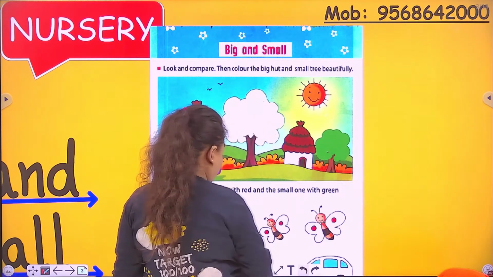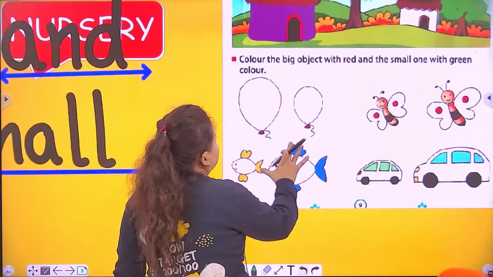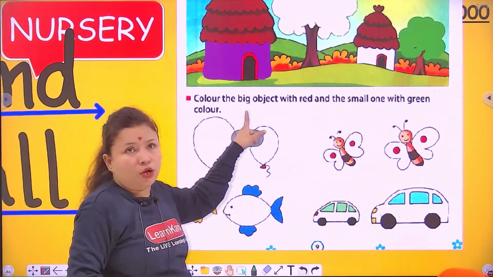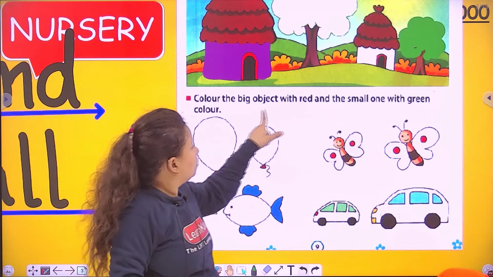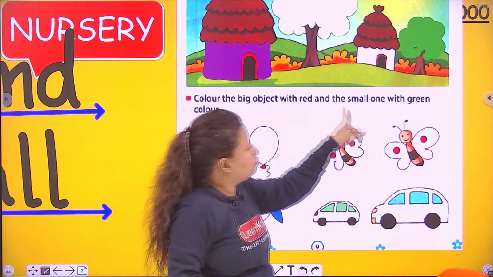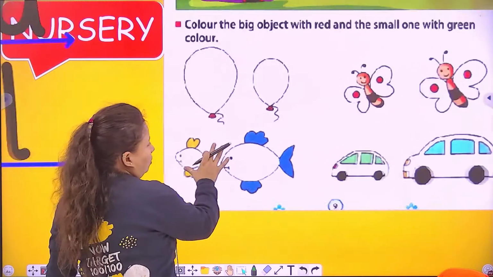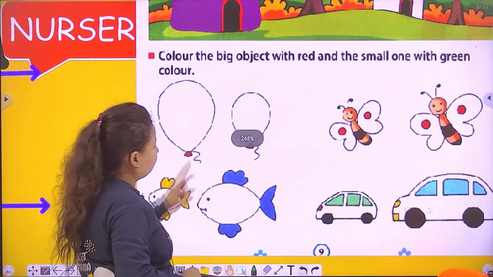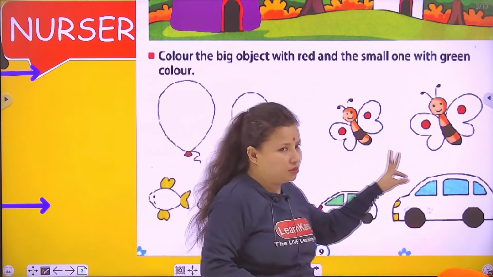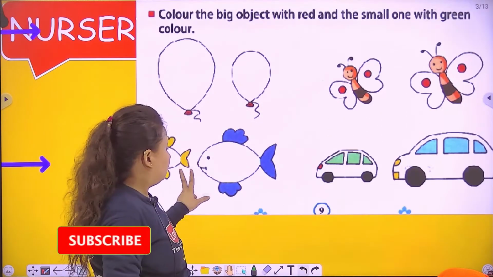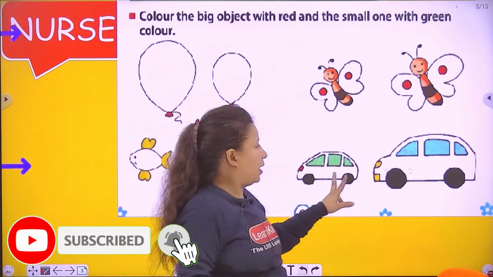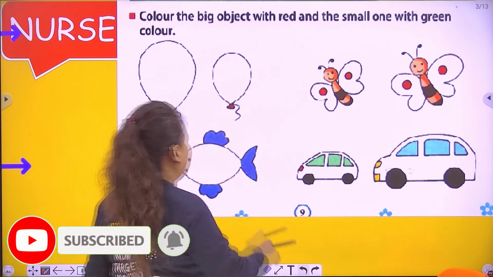That's it. Okay. Now, next activity, color the big object with red and the small one with green color. So we have two balloons, two butterflies, two fish and two car. Okay?